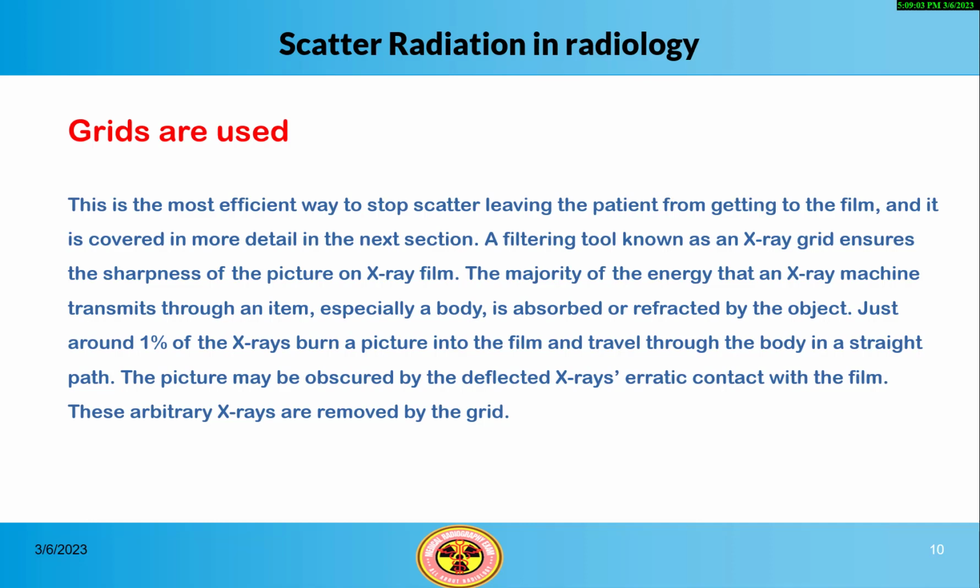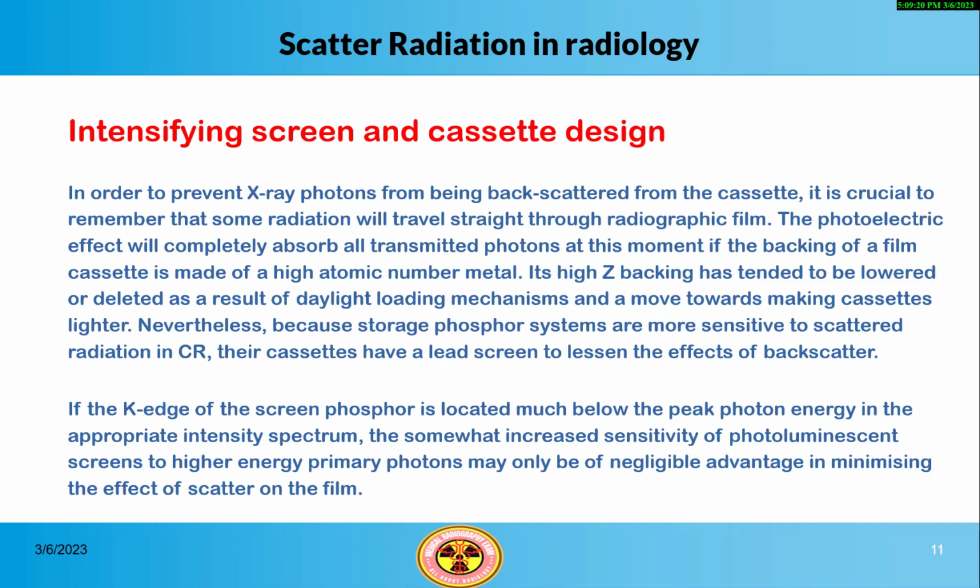Just around 1% of the X-rays burn a picture into the film and travel through the body in a straight path. The picture may be obscured by the deflected X-rays' erratic contact with the film. These arbitrary X-rays are removed by the grid.